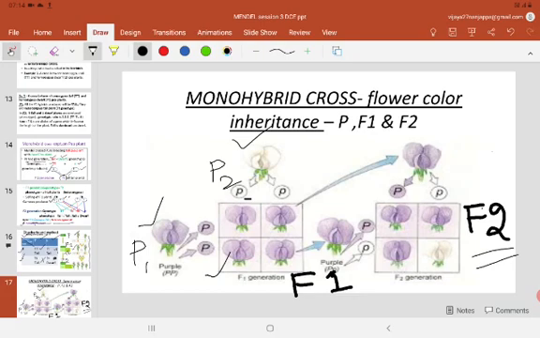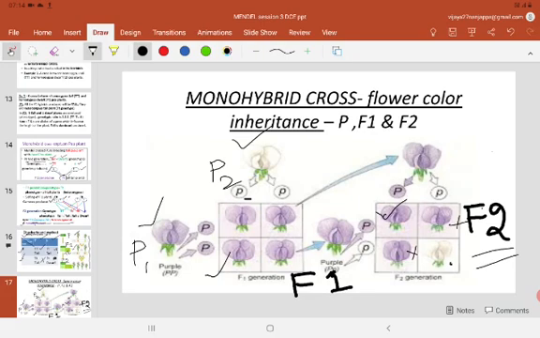So among the purple flowers, one is homozygous and the other two are heterozygous, capital P and small p, and the last one is homozygous for white color, that is small p and small p.